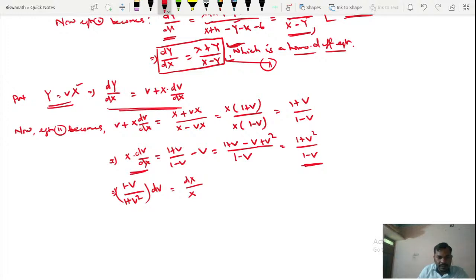So I can write the left hand side in this way: 1 minus v divided by 1 plus v square, which is in separation of variable form, because here the variables are separated. Separation of variable means just that the variables are separated, because on one side the whole v variable is there, and on the other side the whole x is there.